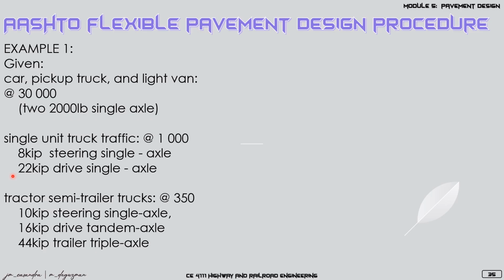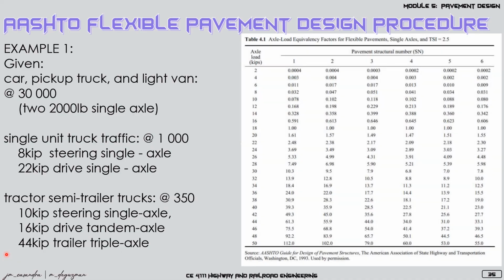And then we have your tractor semi-trailer trucks with 350 daily traffic with a combination of single, tandem, and triple axle loads. So to solve now for our equivalent single axle load, we now use table 4.1 from your module, which is taken from the AASHTO guide for design of pavement structures.